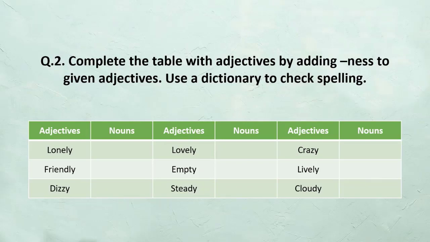They are nine. The first one is lonely. You can see here the last letter is Y. Just we have to eliminate this. Next is friendly, dizzy, lovely, empty, steady, crazy, lively, and cloudy. Now consult your dictionaries.